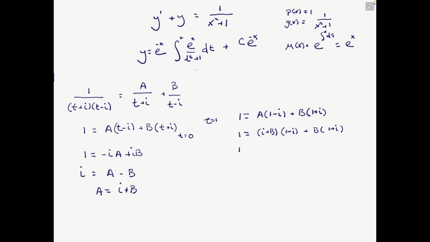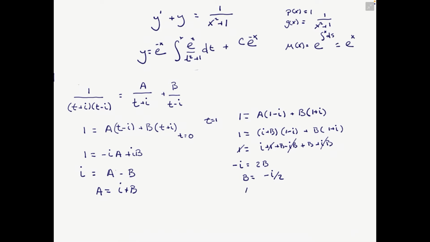So we have 1 equals i plus 1 plus b minus ib plus b plus ib, and now we have that one cancel with this, and this cancels with that, and we have minus i equals 2b, and b equals minus i divided by 2.